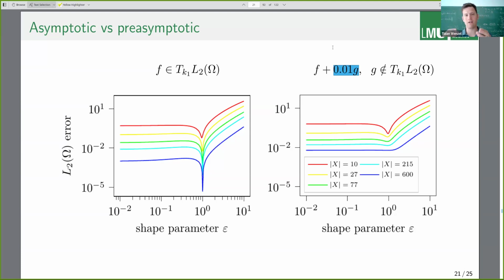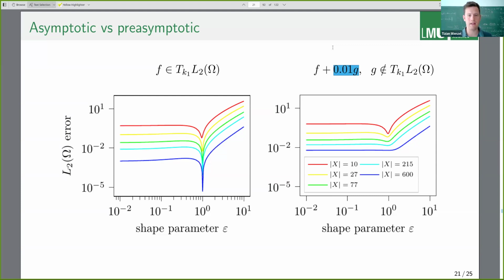This effect destroys our optimal choice for the shape parameter here. Therefore we can see that there is really a difference between an asymptotically optimal shape parameter and a shape parameter which is only optimal in some pre-asymptotic way, which might no longer be the case in asymptotic considerations.